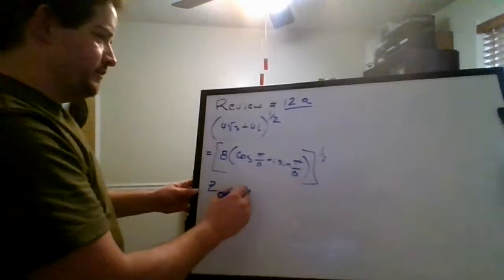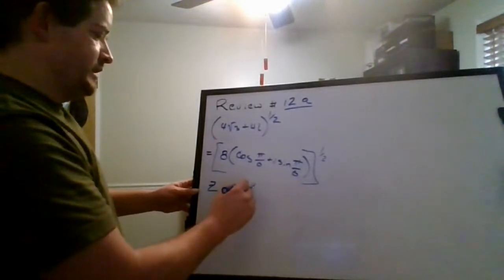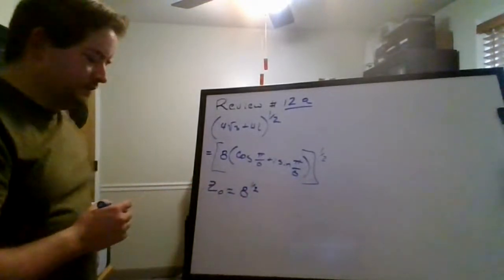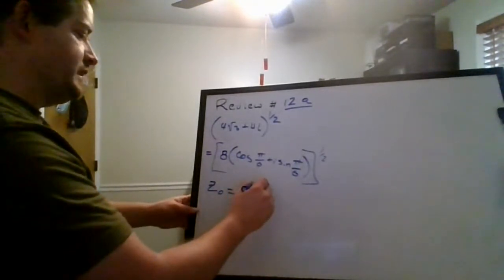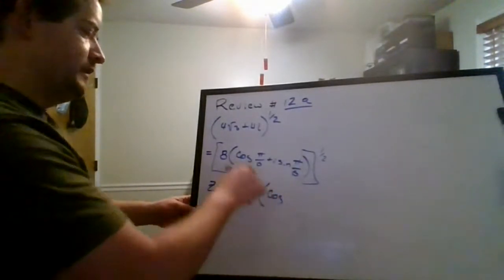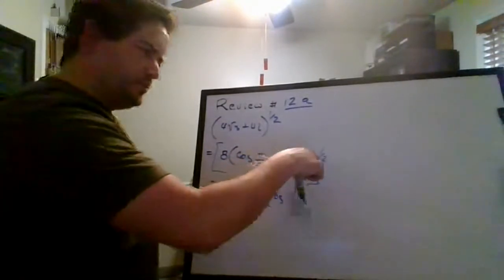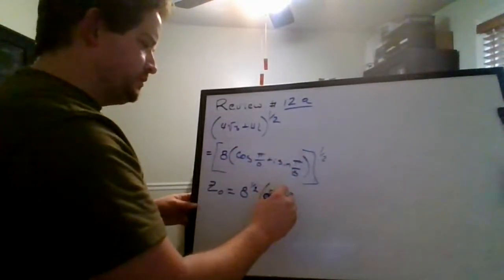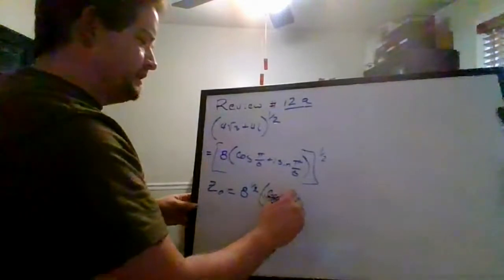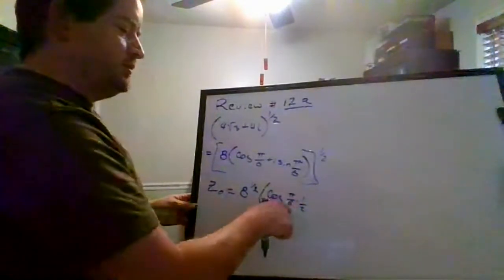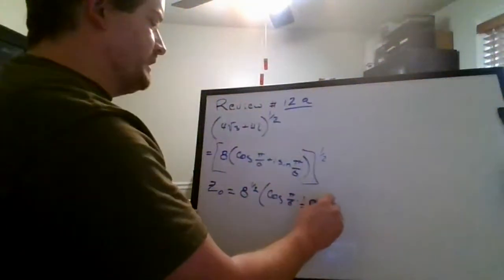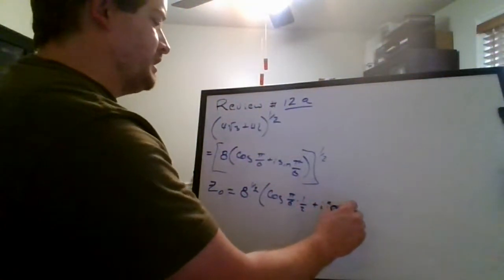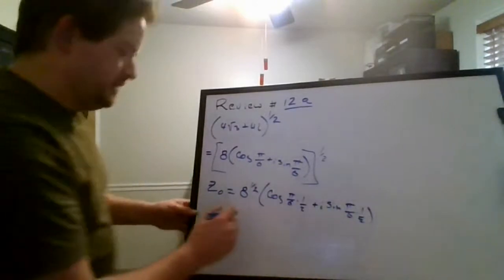So that is to say I have 8 to the 1/2 power. And then I have that cosine of pi over 6, but divided by 2. So that's pi over 6 times 1/2. So I have pi 12ths here, right? Plus i sine of pi over 6 times 1/2, right?